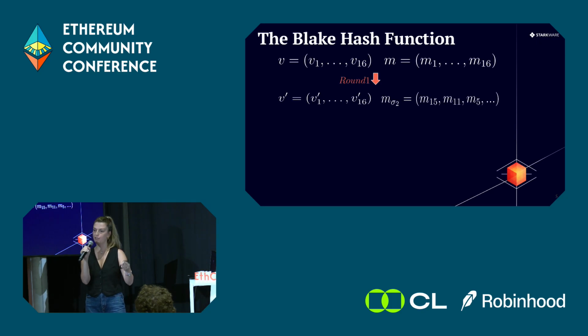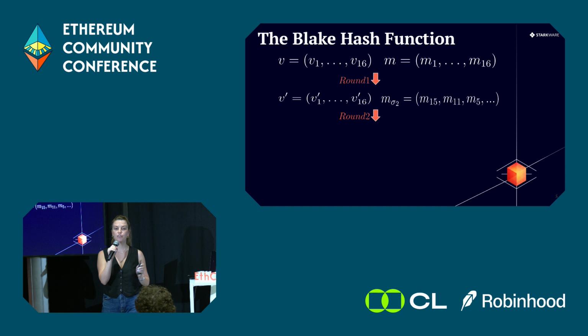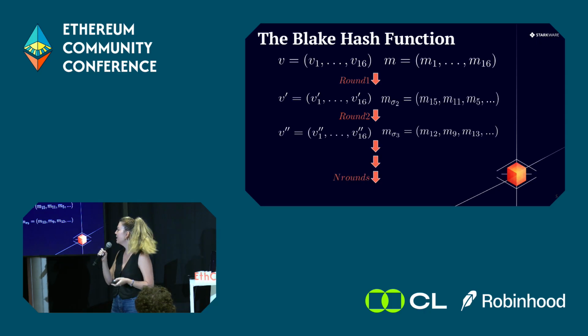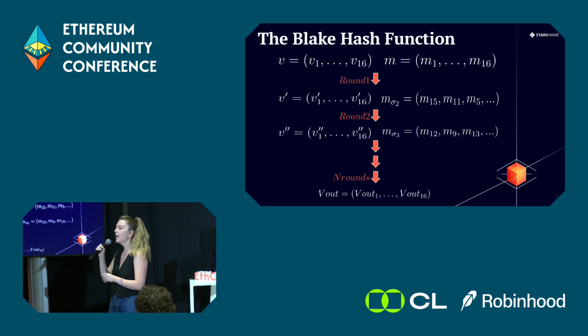And when I say fixed, I mean that the indices are known ahead according to the round number. So for example, for round 2, it's going to be m15, then m11, and so on. Again, we are applying the round function, and again, resulting in an updated state. It goes on and on like this for n rounds, where n is determined by the specific variant of the Blake being used. And the final step is the Blake hash function output.